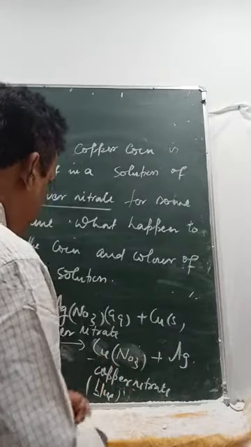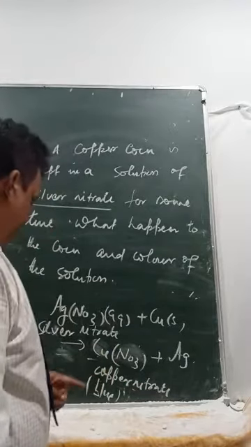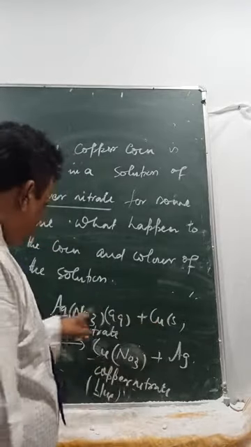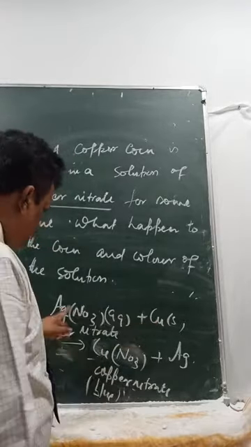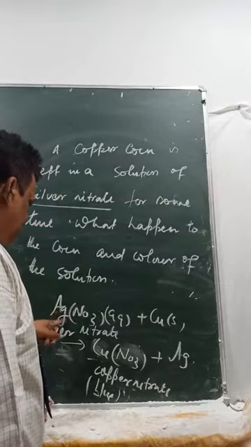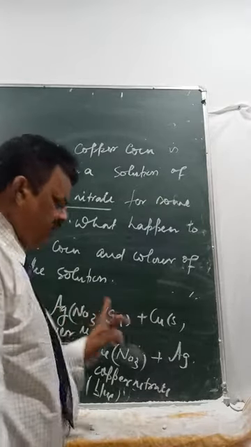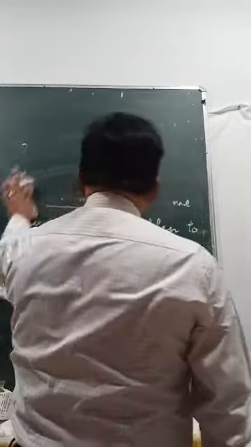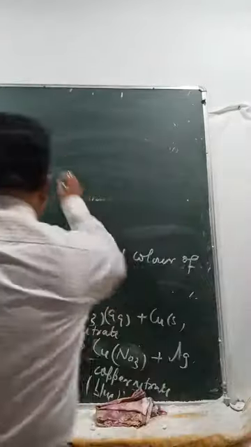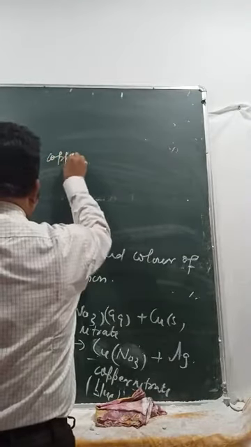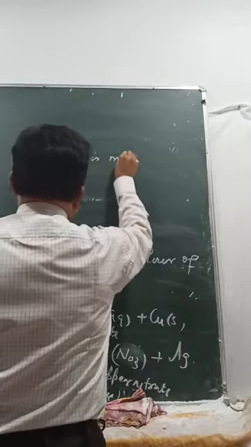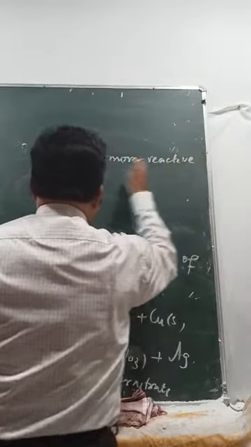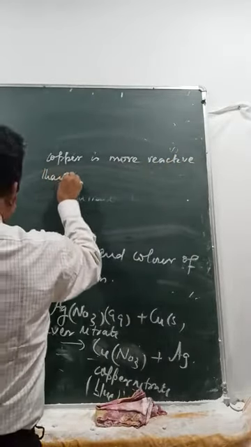Now look at here. Here is a peculiar thing. Silver nitrate reacts with copper. Copper is more reactive than silver. That is why copper is displacing silver from silver nitrate. So one more line you can write on this: copper is more reactive than silver.